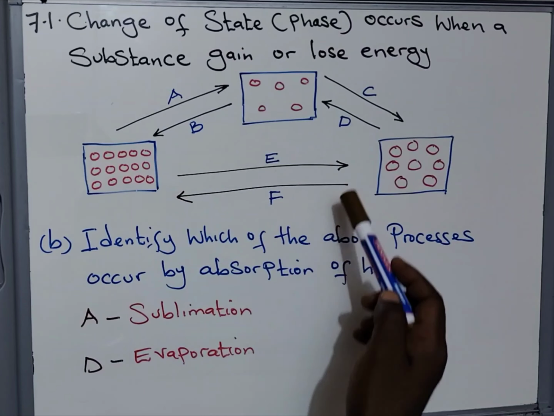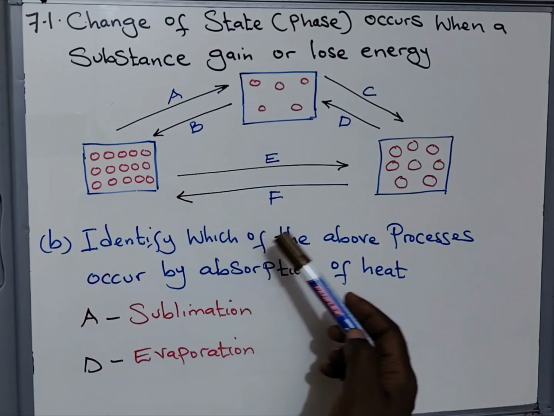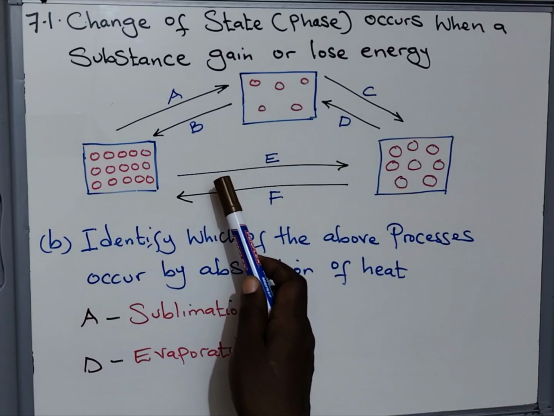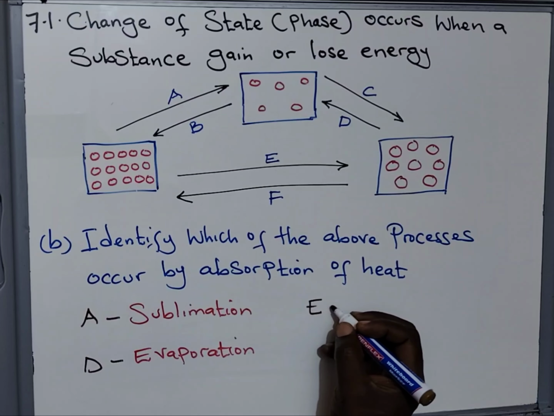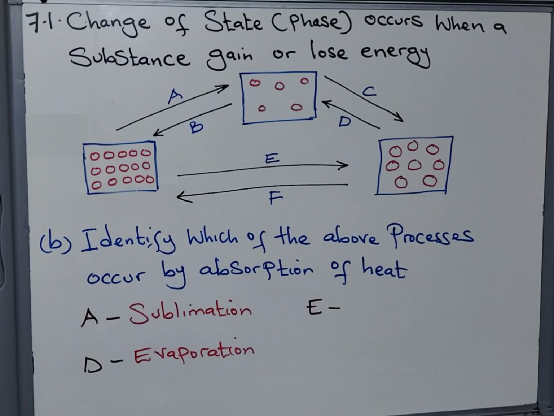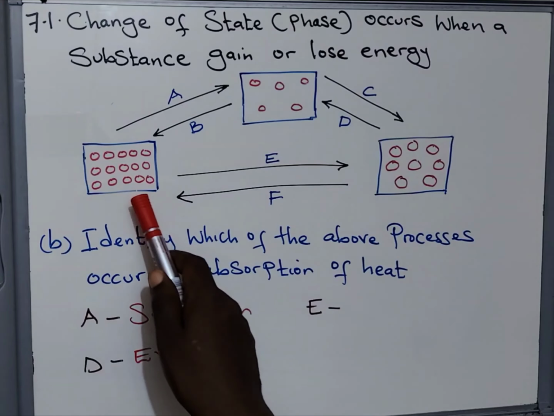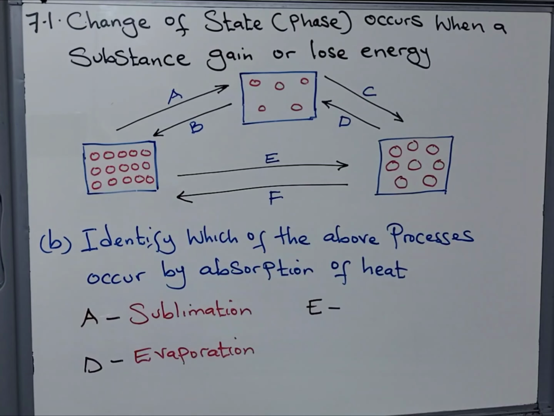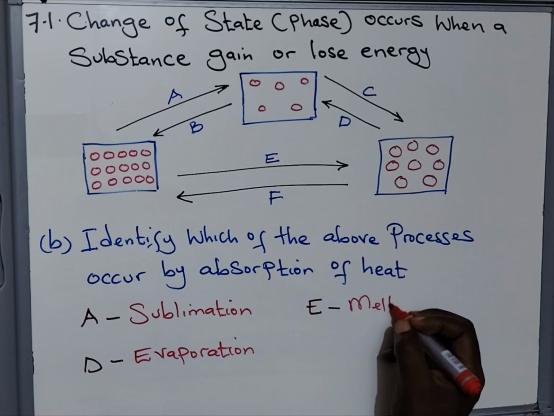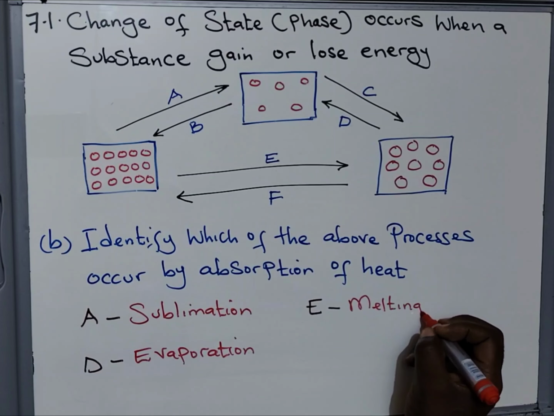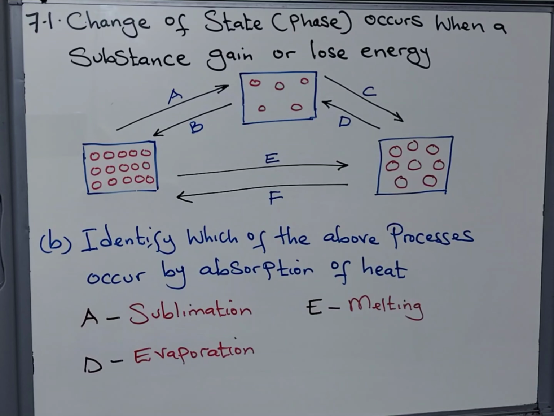Then here, which process will require absorption of heat to occur? We have E. And what is E? E is change from solid to liquid, which is melting. So these are the three processes which will require absorption of heat to occur.